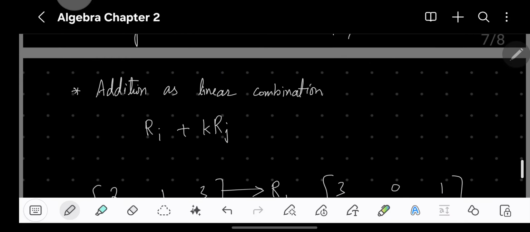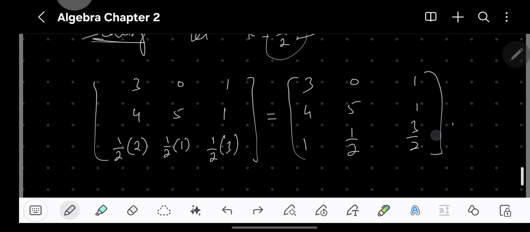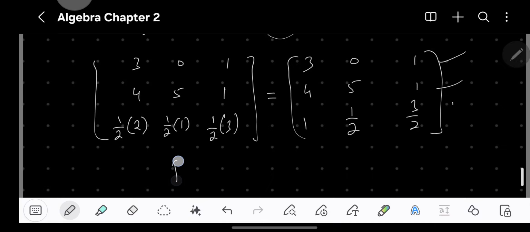And the last operation is the linear combination. That means if you choose any two rows, for example this row and this row, then you can do R1 plus, for example, 5 times R2. Similarly, you can do R1 plus 3 times R3.